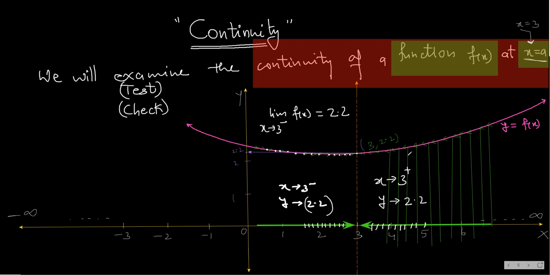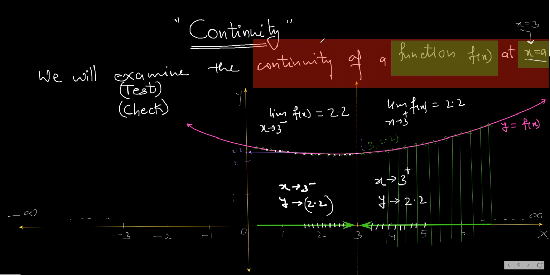And here for the right hand side, you will write limit f of x when x tends to 3 positive is also 2.2. Now when you have these two, that is, the left hand limit at 3 and the right hand limit at 3 are equal, what would you write next?